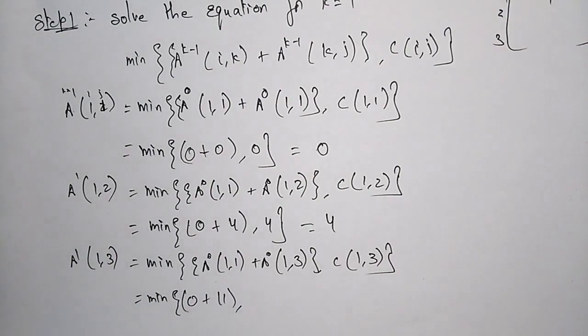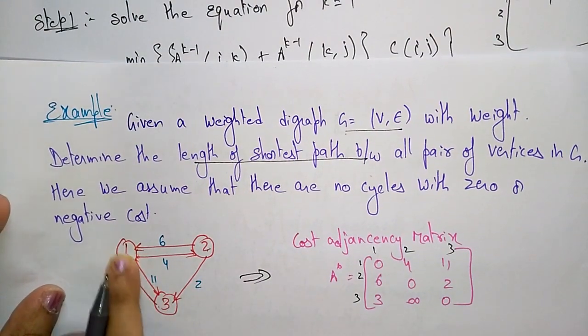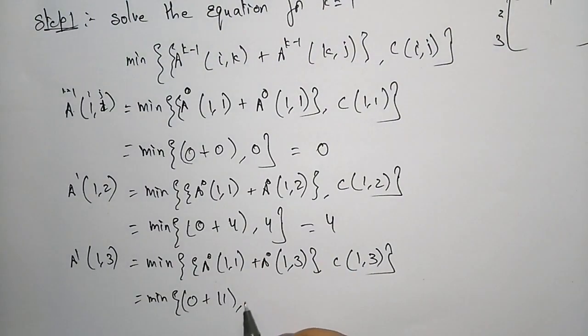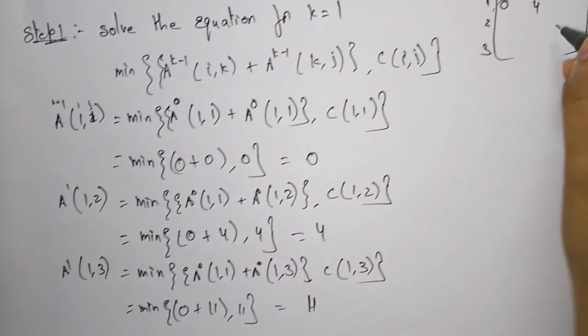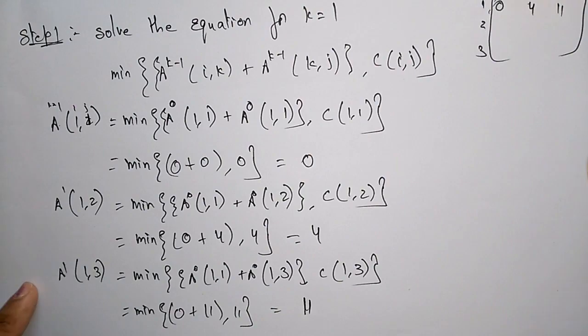C of 1 comma 3, the cost of 1 to 3, is 11. So the minimum of 11 comma 11 is 11. So A1 row 1 is over.